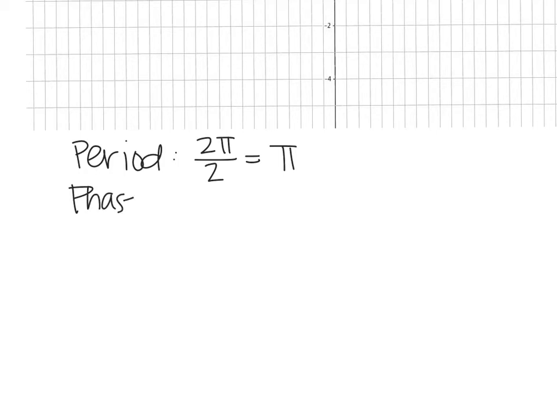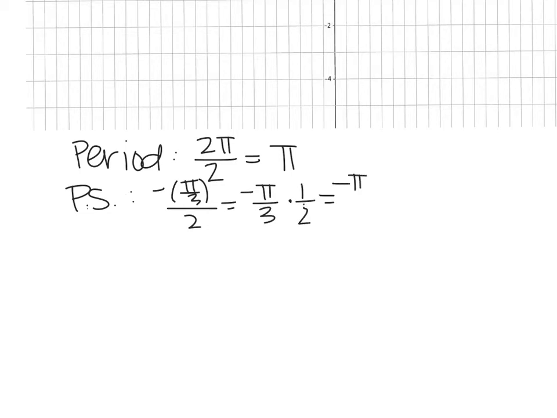And our phase shift is going to be negative pi over 3 over 2, which is going to become negative pi over 3 times 1/2, which is the same thing as negative pi over 6. So this tells me we've moved the graph to the left pi over 6.